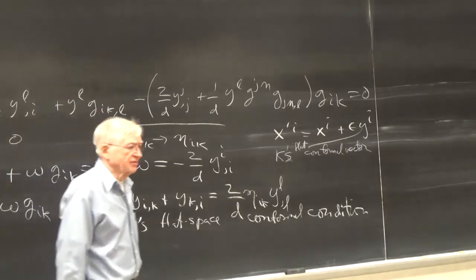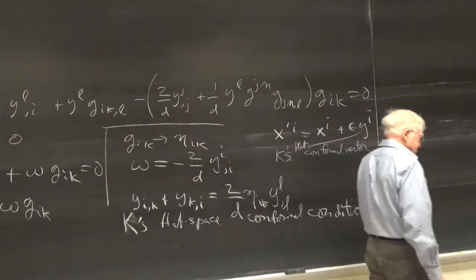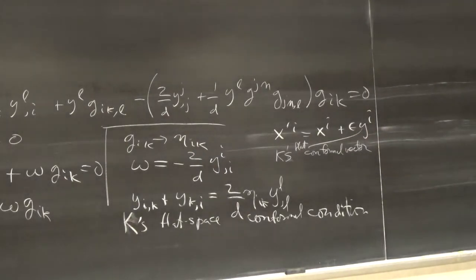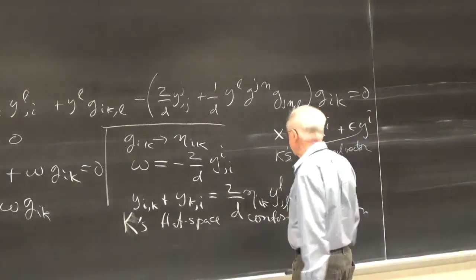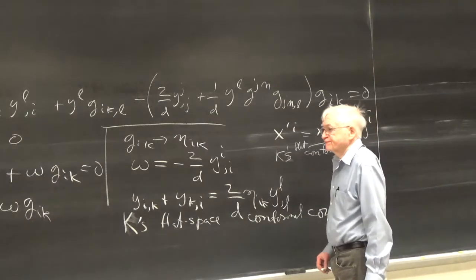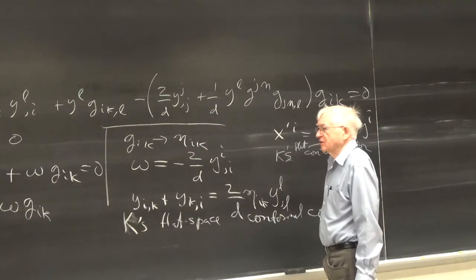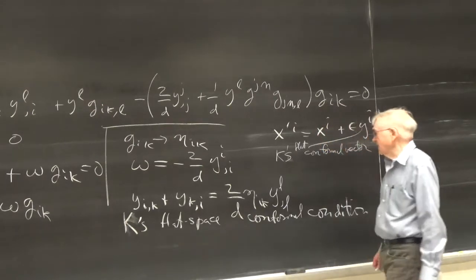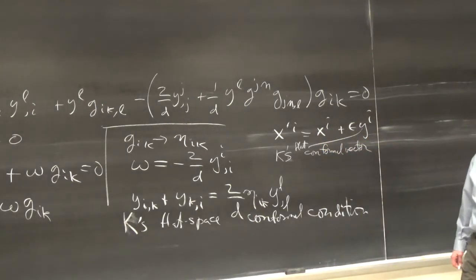It turns out all the Poincare transformations, in other words, the translations and the Lorentz transformations, are conformal transformations of flat space-time. In fact, not only are they conformal transformations, but they're actually isometries because they leave the metric invariant, don't they?